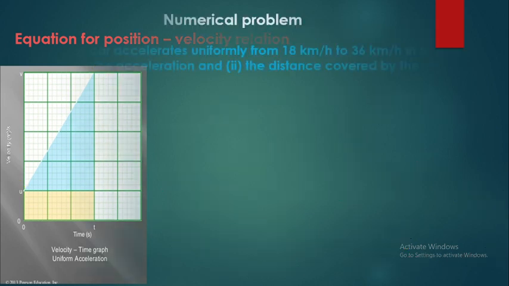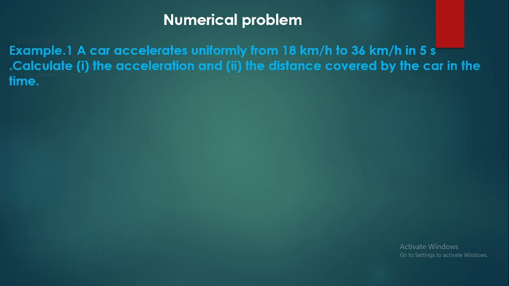Now we solve a numerical problem with the help of the equations of motion. A car accelerates uniformly from 18 km per hour to 36 km per hour in 5 seconds. Calculate the acceleration and the distance covered by the car in that time. Solution.